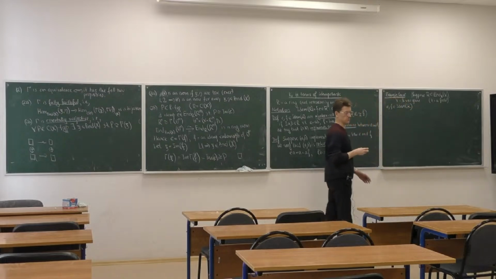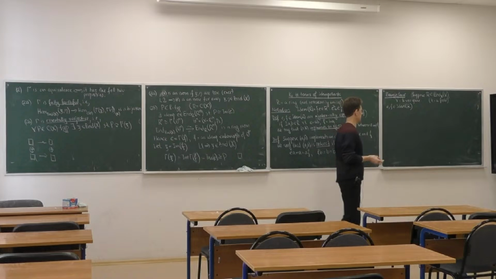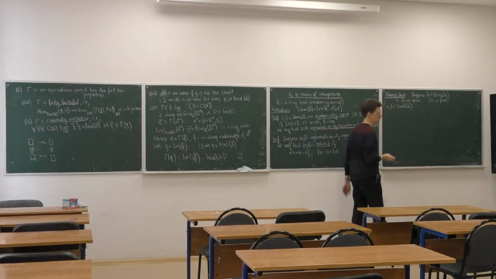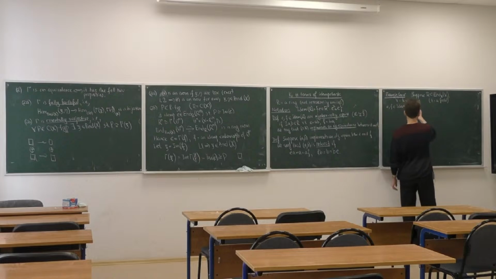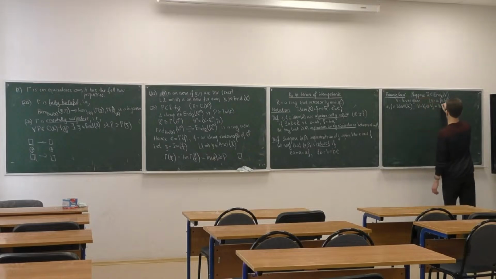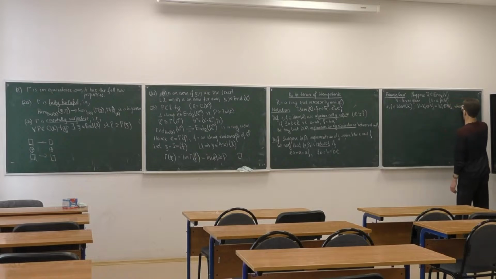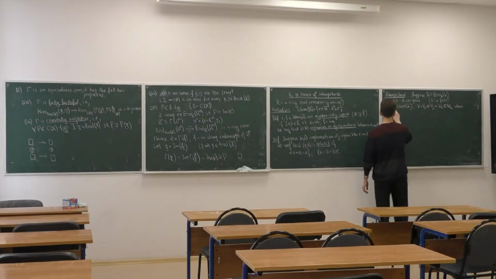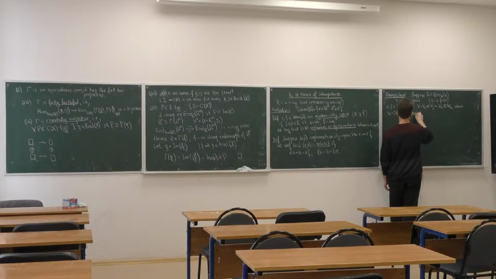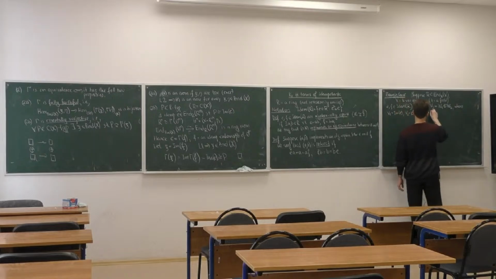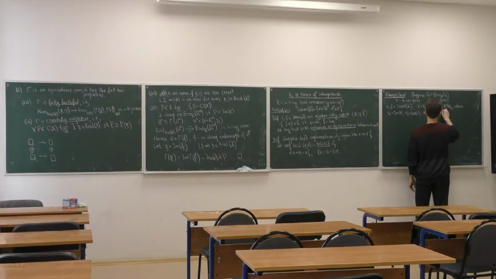And of course, every idempotent operator induces a direct sum decomposition of V into two subspaces. So we can represent V as the direct sum V1 plus V2, and also by another direct sum W1 plus W2, where V1 is the image of E, V2 is the kernel of E, W1 is the image of F, and W2 is the kernel of F.